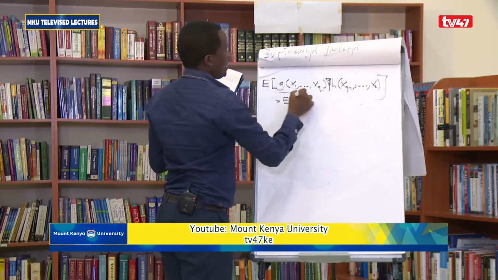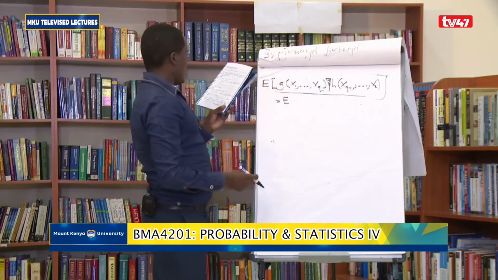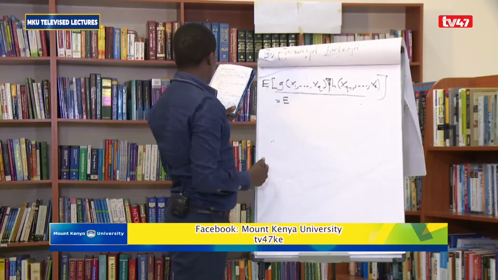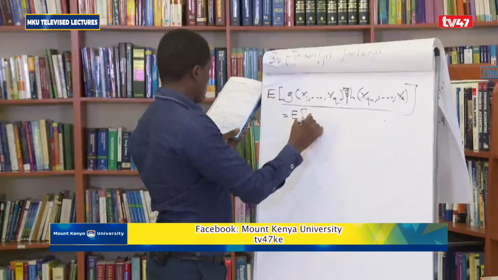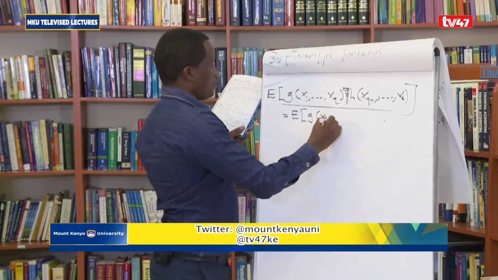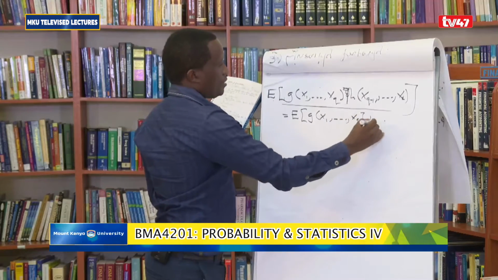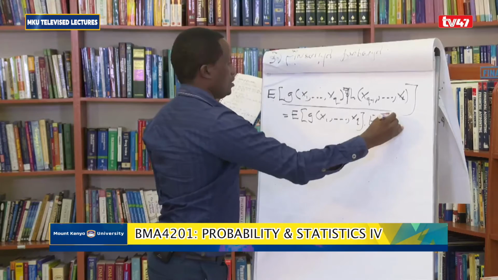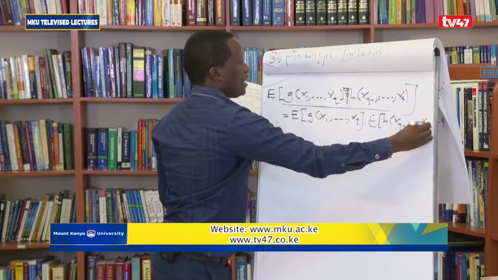That is, we want the expected of the joint expression of g and h, being two independent functions, is the same as getting the expectation of each of the expressions, xq, then multiplied by the expected of h xq plus 1 all the way to xk.